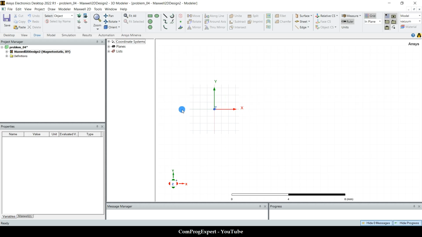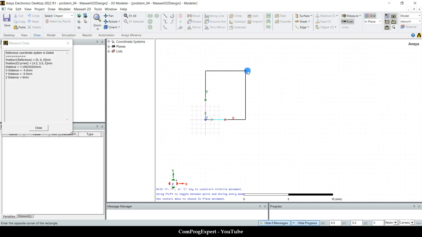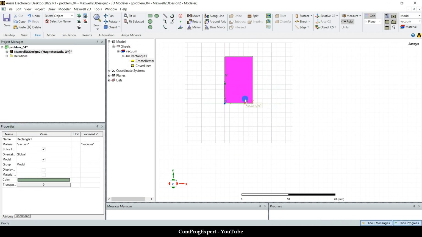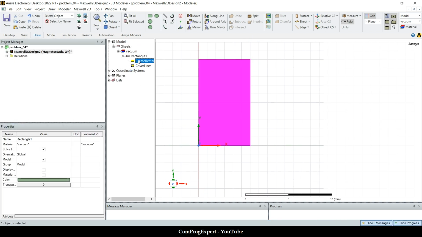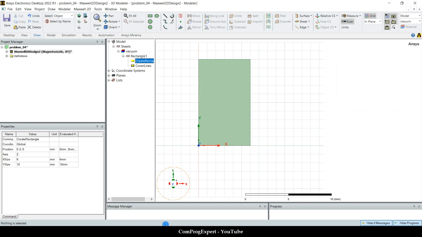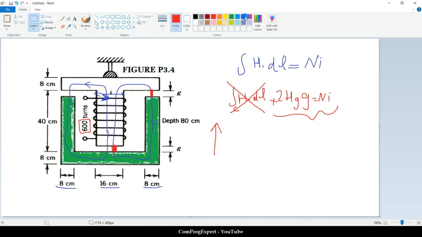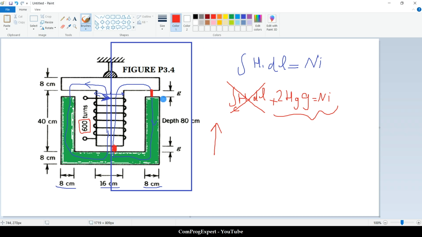So let me generate this rectangle first and set the width and height of this rectangle. I am going to consider half of this structure to generate the model. Then we can duplicate, mirror, and generate the full structure.